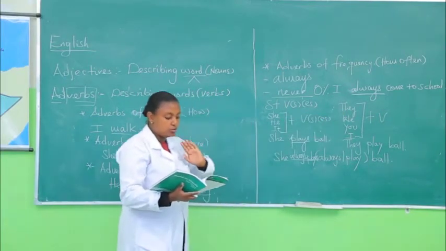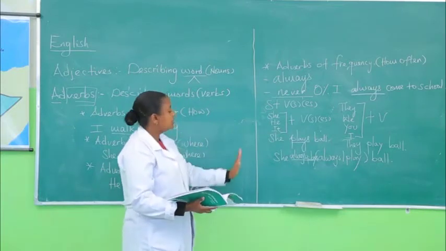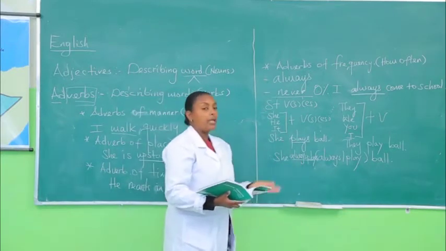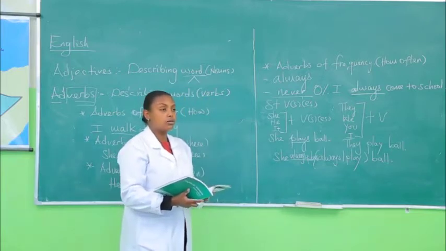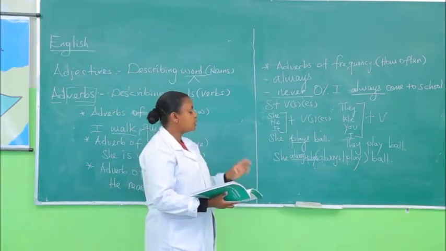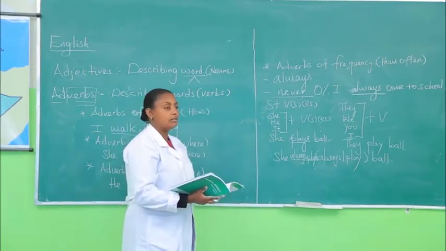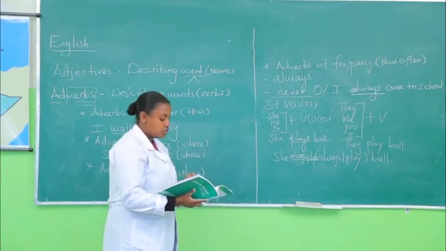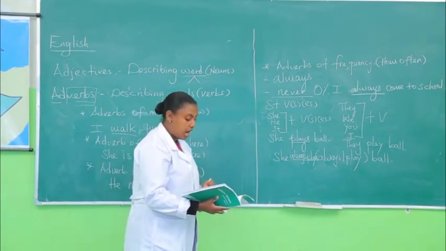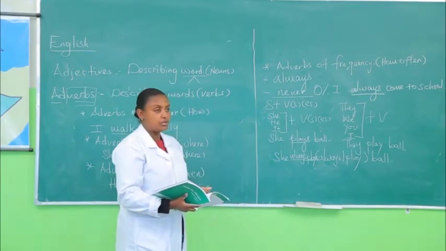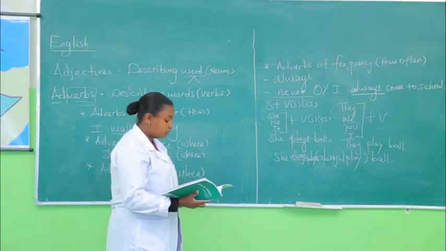So what are we going to do? We write sometimes as it is, and shall we write s to run? No, because we already have a plural subject, we simply write run. So we will say, the students sometimes run in the school compound. This is the way you are going to fill the blank.